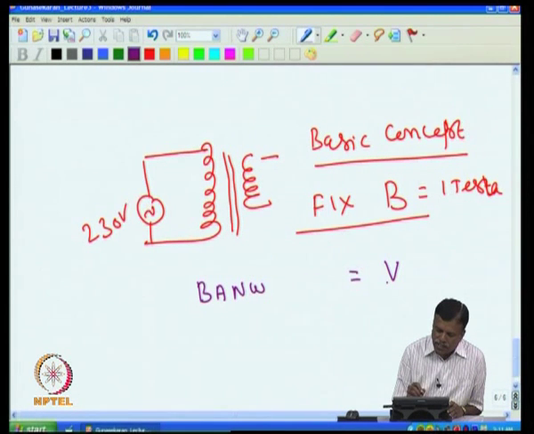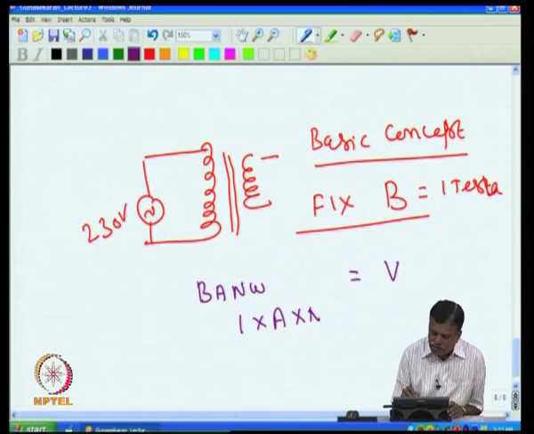That is, if I have a coil of N number of turns, and I apply a voltage of 230 volt at a frequency omega, then what is the B that is generated here is given by this. For example, in this case I want 1 Tesla, so B is taken as 1, and the area of the core depends on the core size, I will show you that.